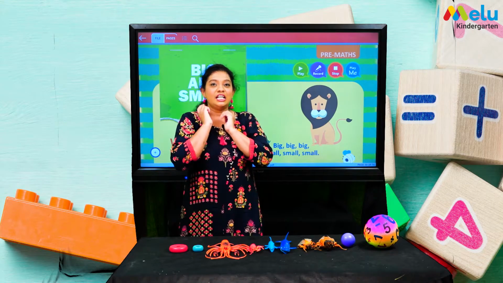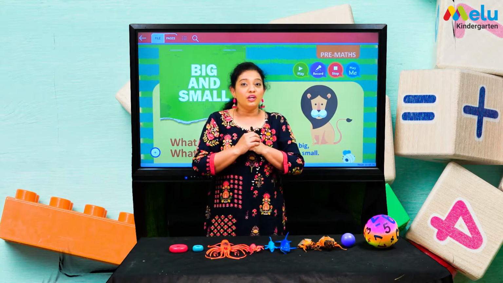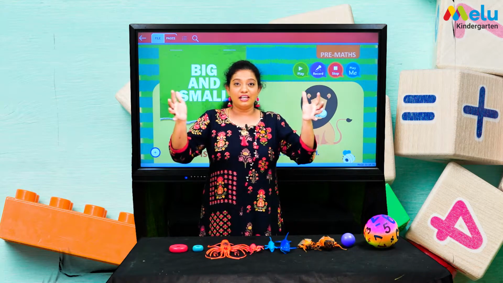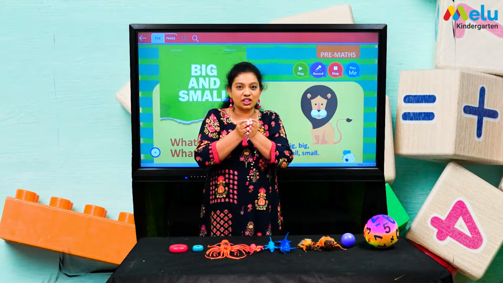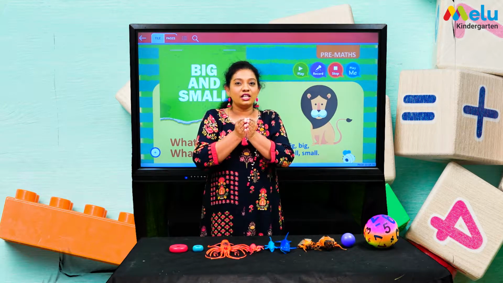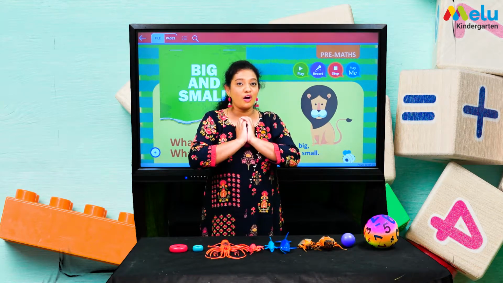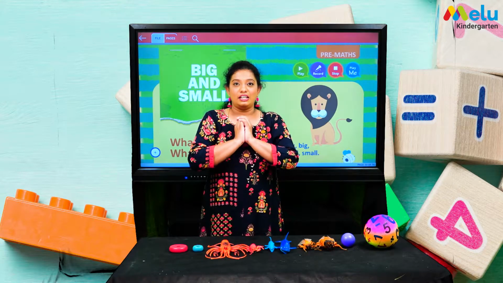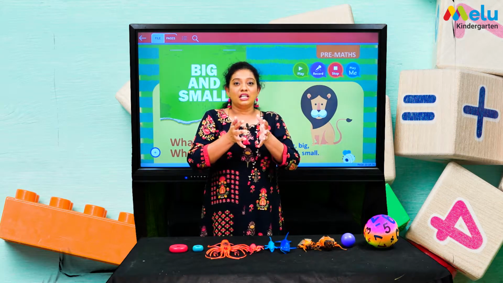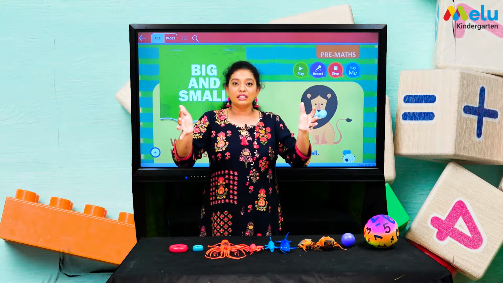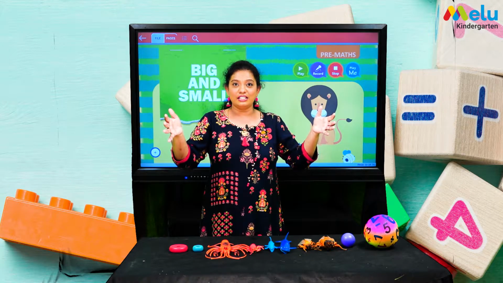Yes, children. Here I was showing my hands like this and then bringing my hands closer, right? So what is meant by big and small? Maybe you have understood: when I am taking my hands apart, there is a size, right?